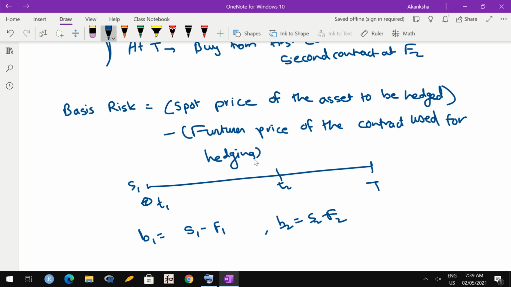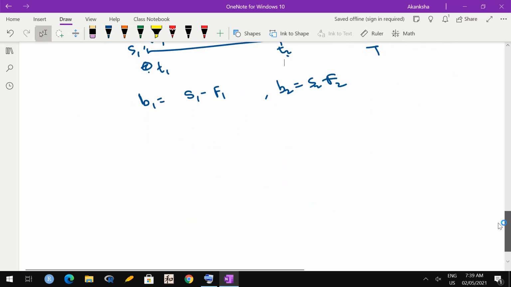So S1, S2 are spot prices here and F1, F2 are futures prices here. Of course, F1 is for futures of duration 0 to capital T and F2 is for futures with duration T2 to capital T. Okay, so for the second futures, the total duration is smaller. Expiry time for both the futures is the same.